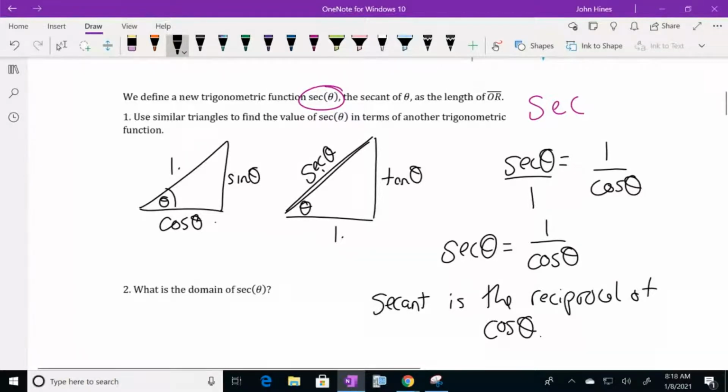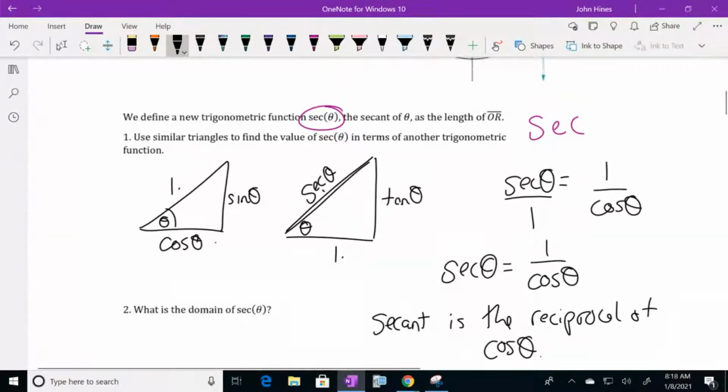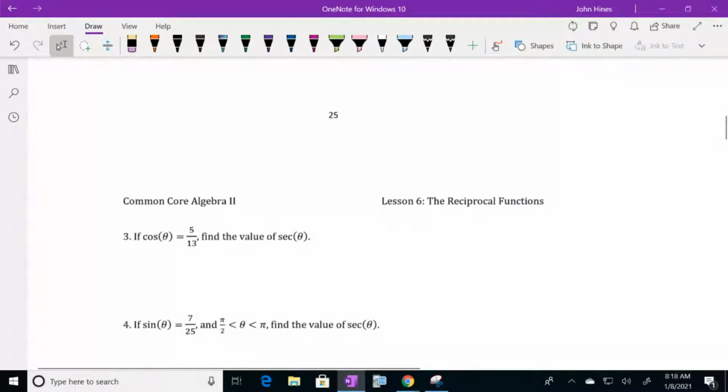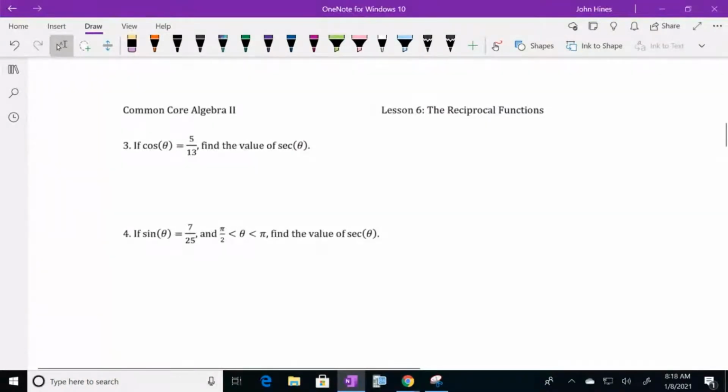You get the length of that hypotenuse of that bigger triangle in the tangent world. Okay? So quickly, if cosine is 5/13, what is secant? Well, if cosine is 5/13, secant is the reciprocal of that, 13/5. Done. That's it. If we know cosine, we also automatically know the value of secant.